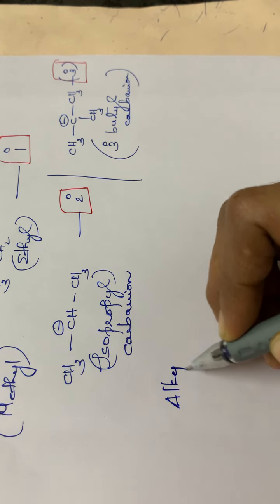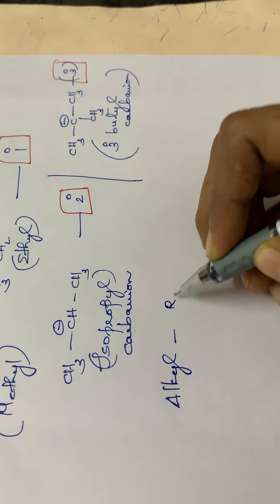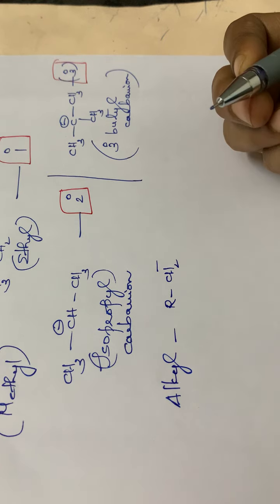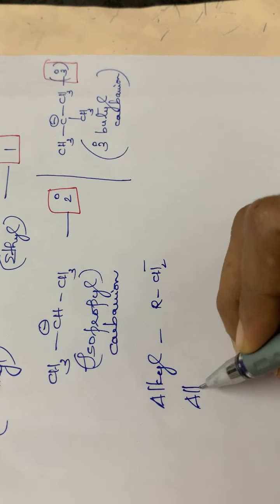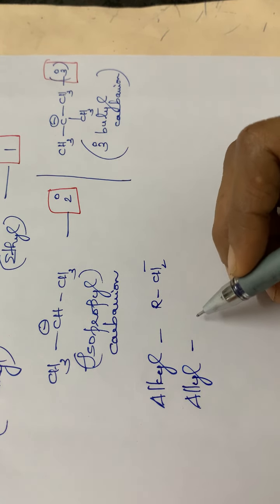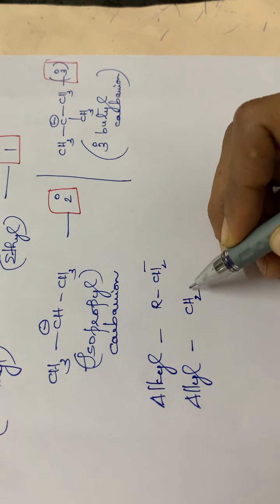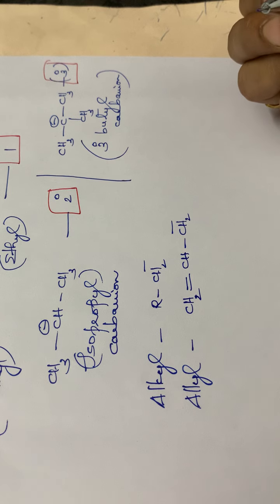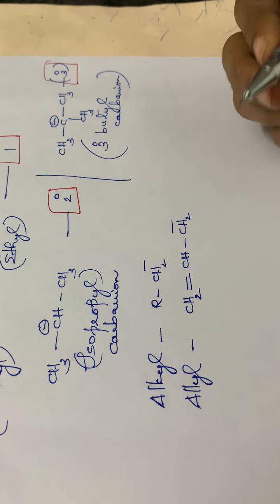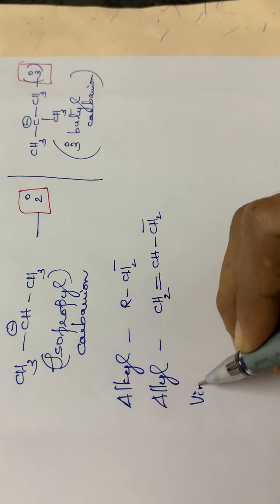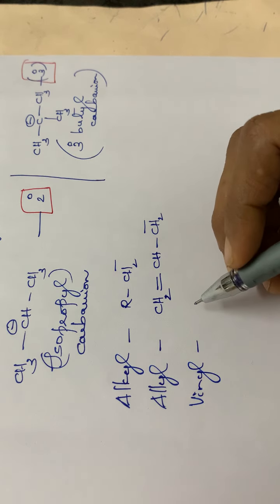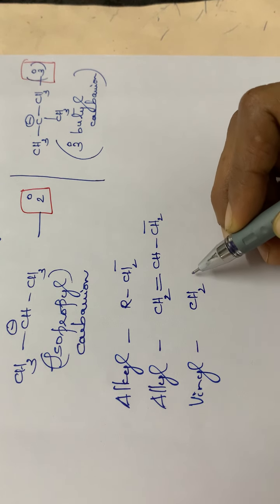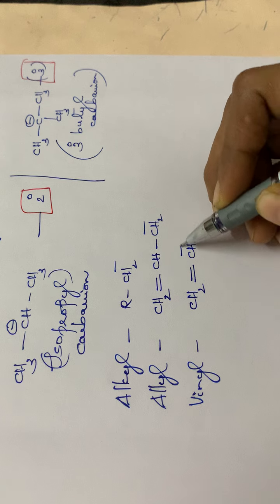alkyl, that is RCH2 minus. Then allyl carbanion, as you had seen for allyl carbocation, will be CH2 double bond CH single bond CH2 minus. Then comes vinyl carbanion, which will be CH2 double bond CH minus.